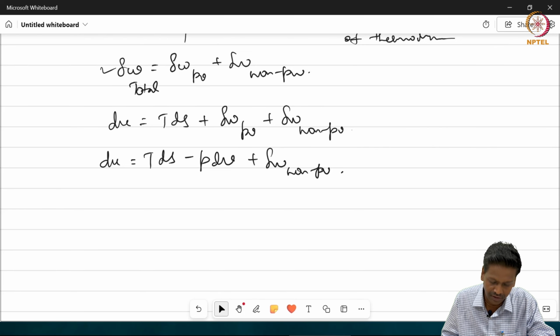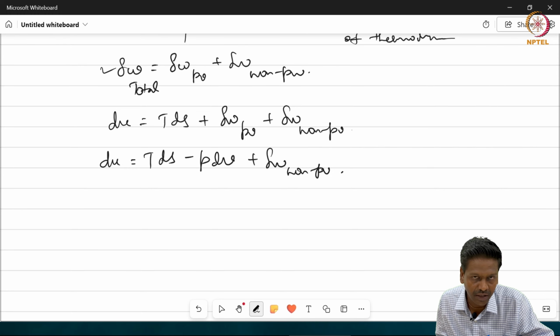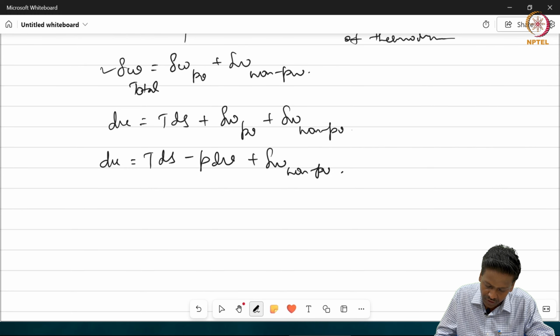So we can simply write the PV work as minus PdV. This is equation number 1 for us.